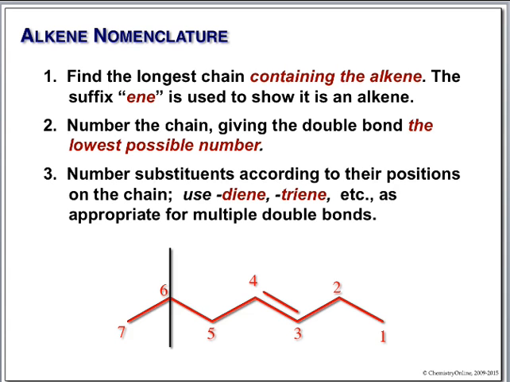In order to give the first carbon of the double bond the lowest number, we want to start numbering here. Remember, if this was just an alkane, we would have started here, so we had a 2. We must give the alkene the lowest number. So this is carbon 1, and this is carbon 3.